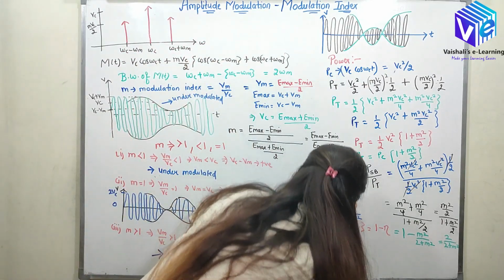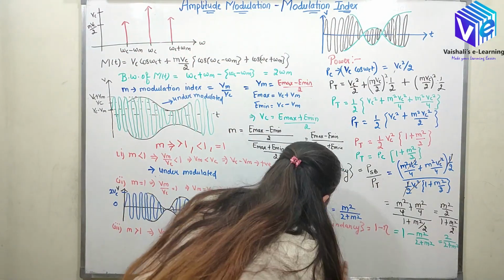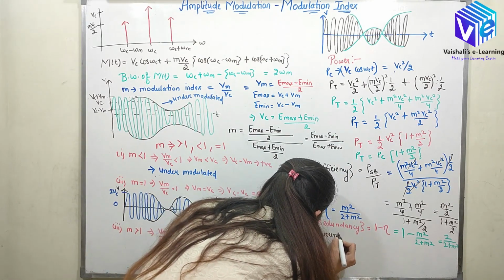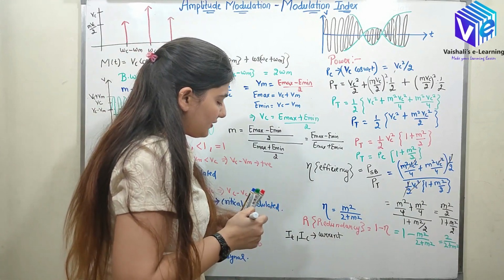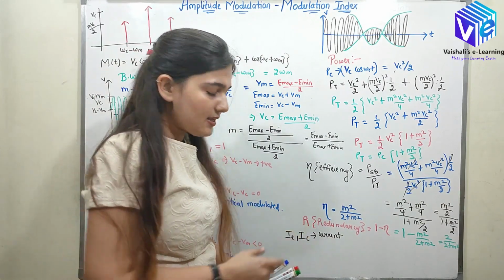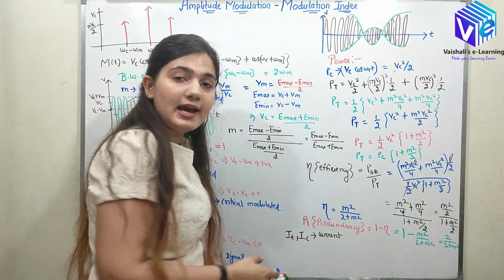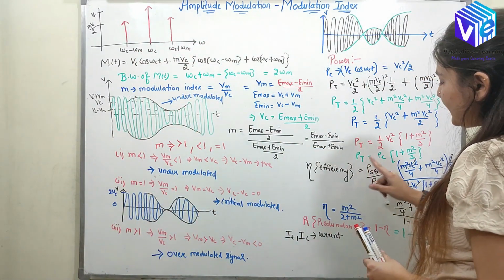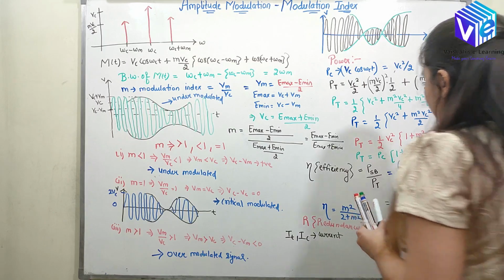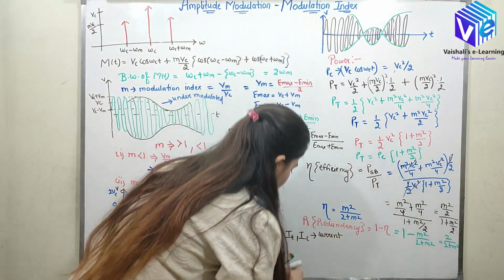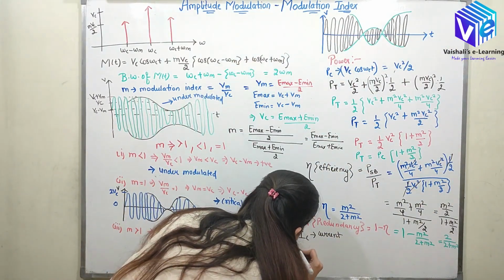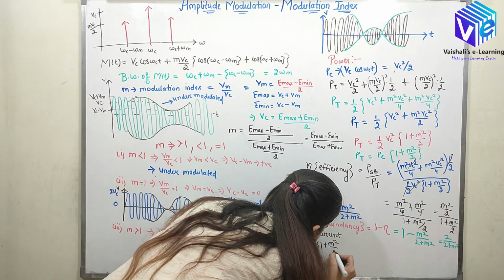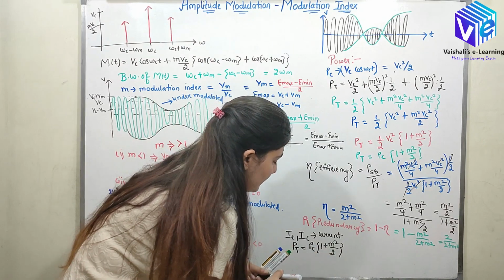So now if I have to calculate IT and IC. IT is the total current and IC is the carrier current. So I know the relation, PT is equal to PC into 1 plus m square by 2. So I can represent PT is equal to PC into 1 plus m square by 2.